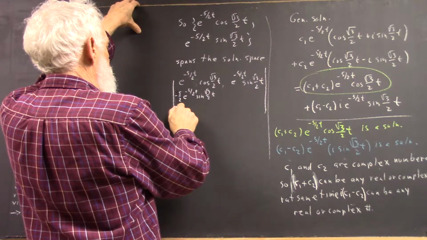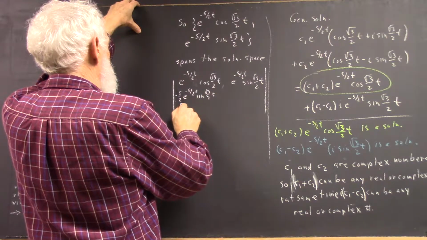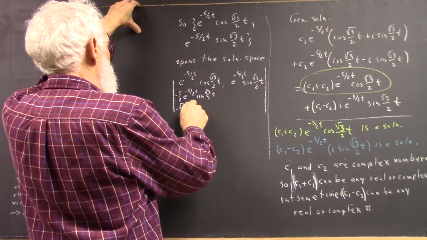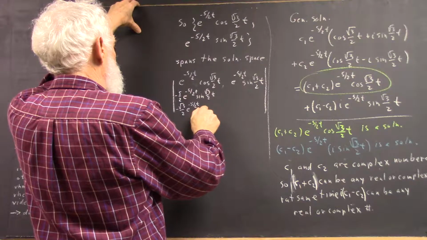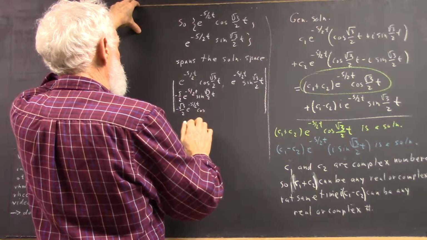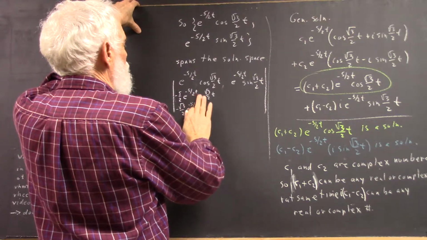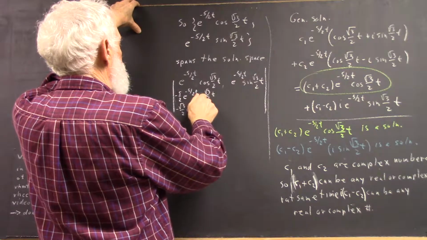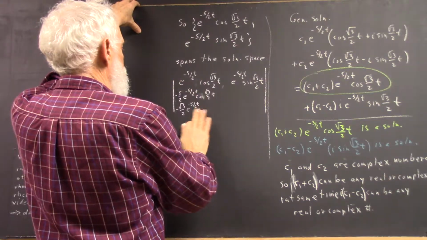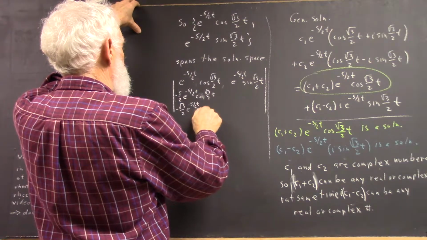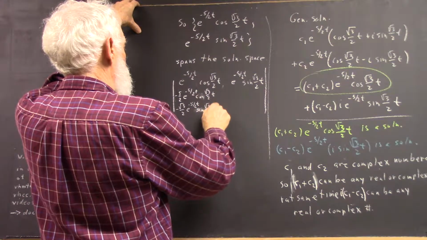And then it'll be minus square root of 3 over 2 e to the negative 5 halves t cosine. You know, that might have been what I did before. This would be a cosine, because I'm taking the derivative of this one, and this would be a sine. I'm pretty sure I did that right before, but it's one thing to look out for.